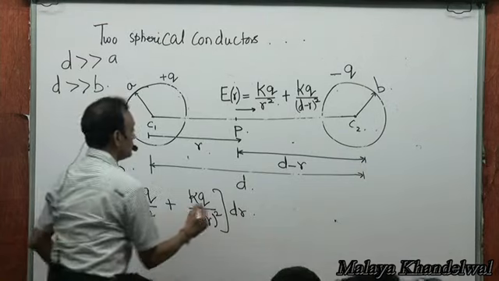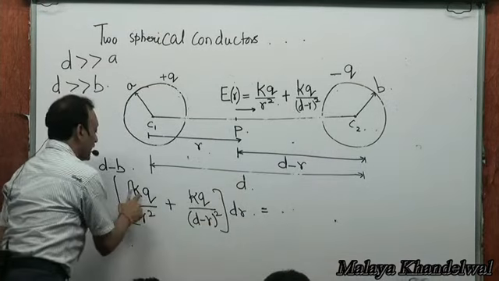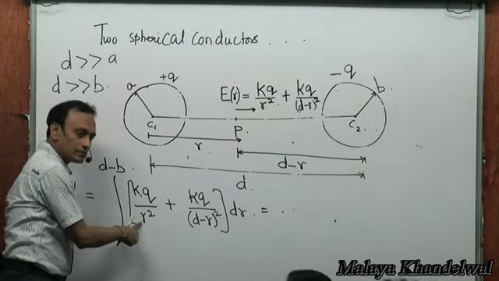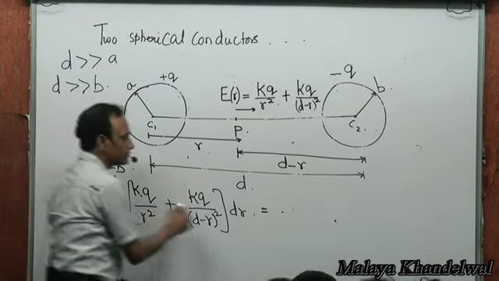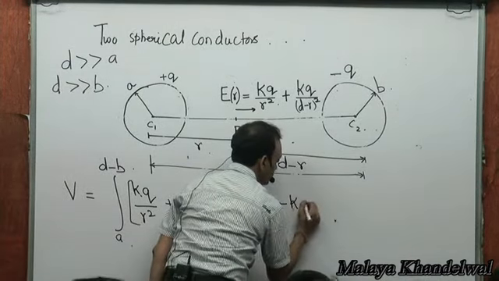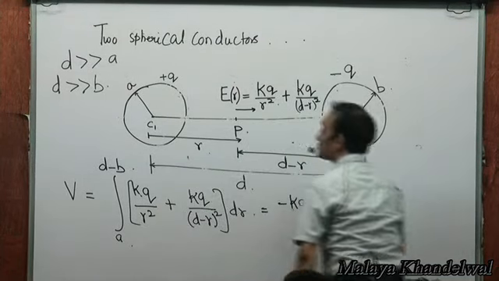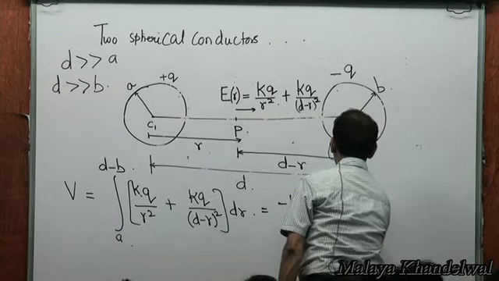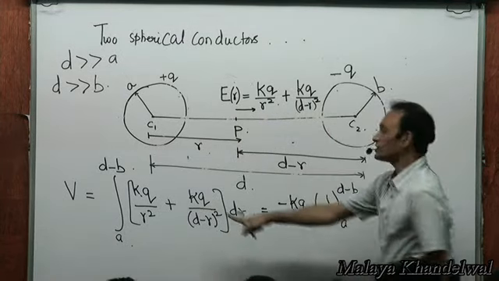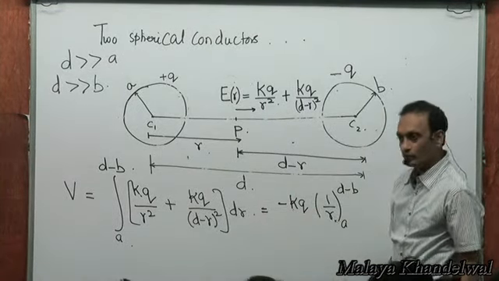Okay, see, when I integrate this, I get minus 1 by r. So minus kq times 1 by r, where r runs from A to d minus b. This part? Yes or no?